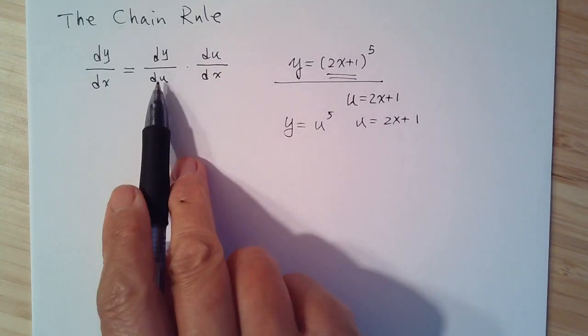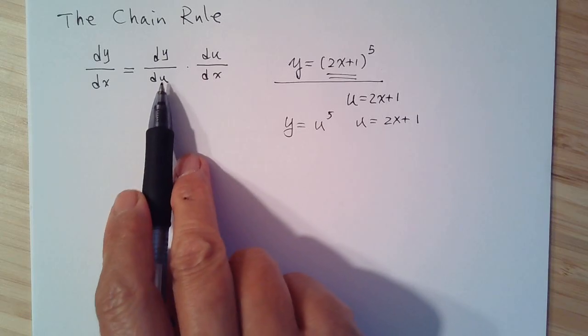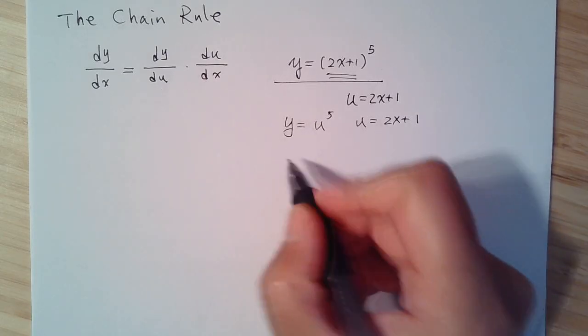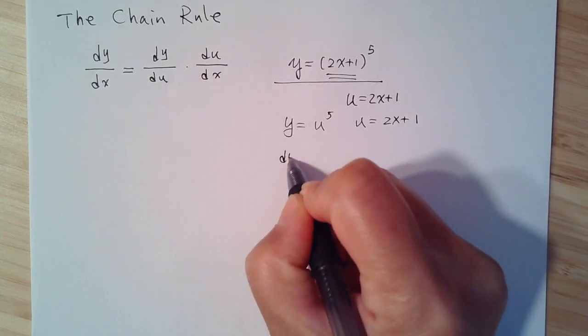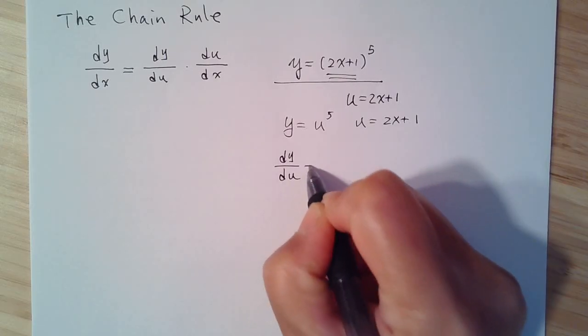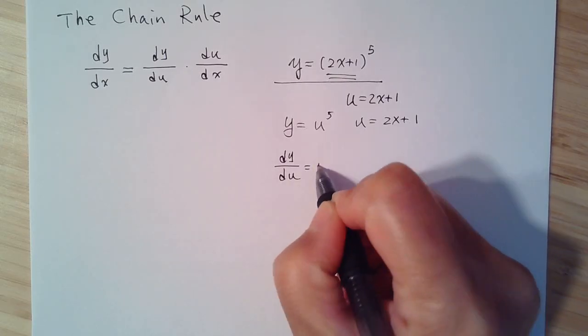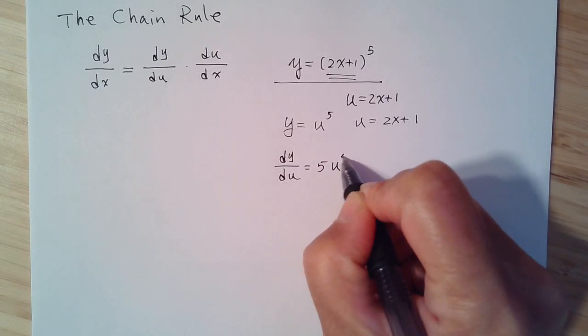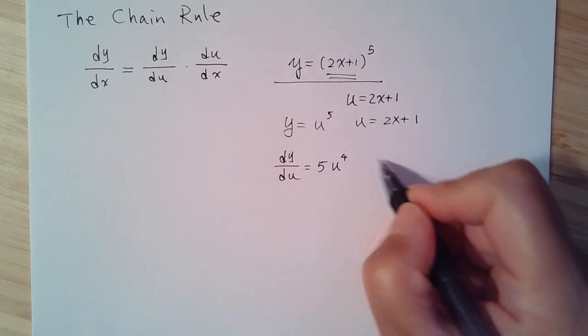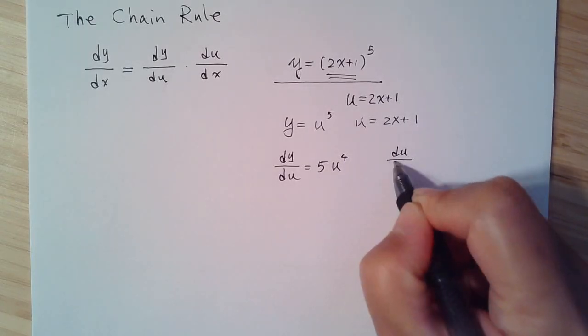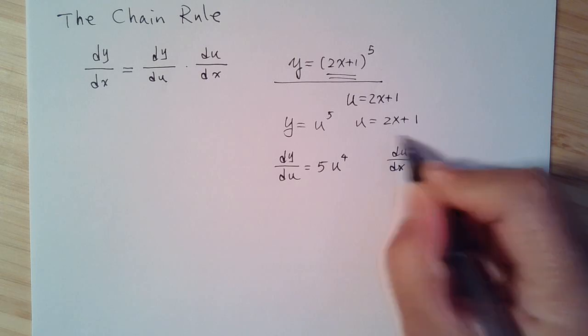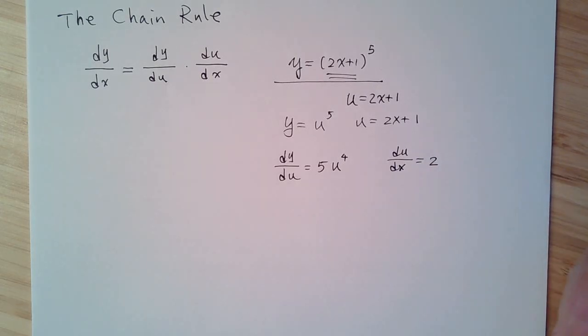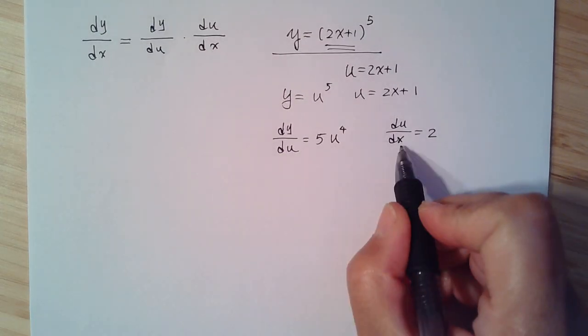So dy over du, you take the derivative with respect to u, will be 5u to the fourth, isn't it? And then du over dx will be 2. Okay, and then we multiply these two together.